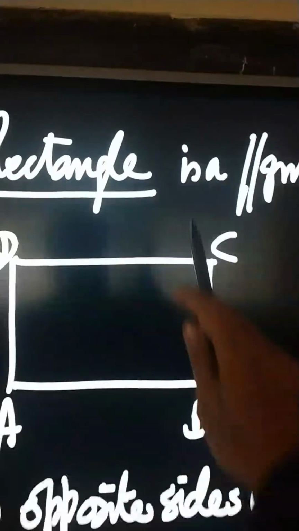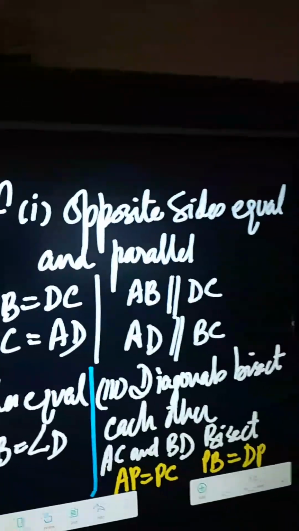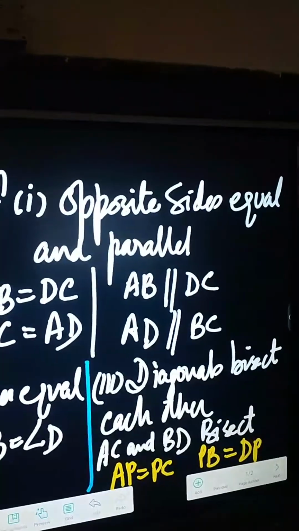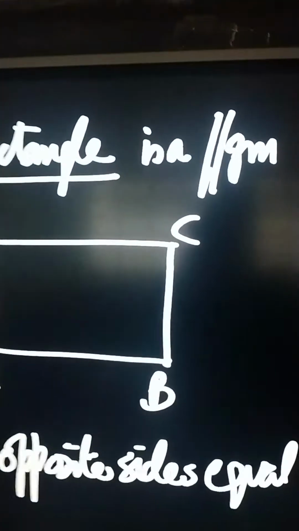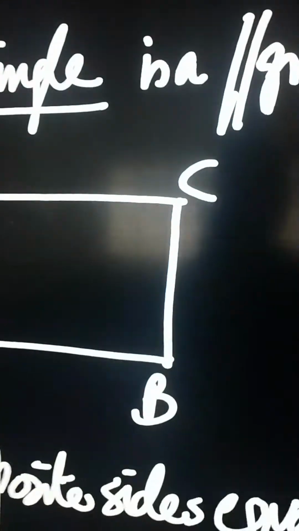Why? Because a parallelogram has opposite sides equal and parallel, and a rectangle is a parallelogram, so all the properties of a parallelogram are also properties of a rectangle.